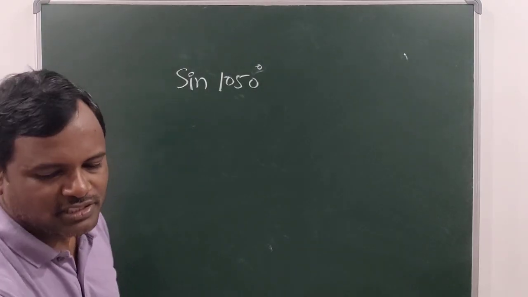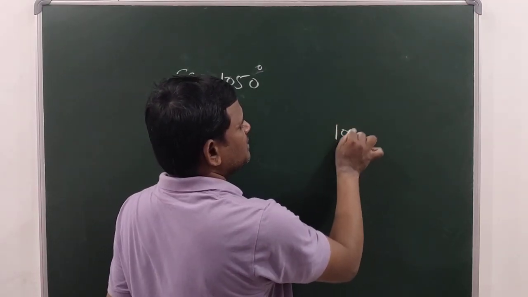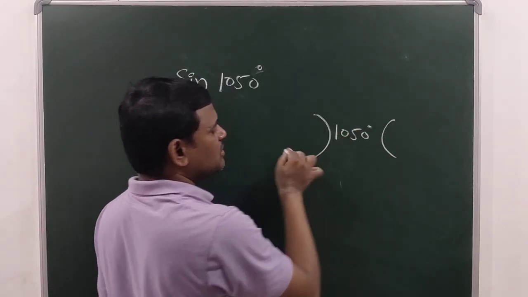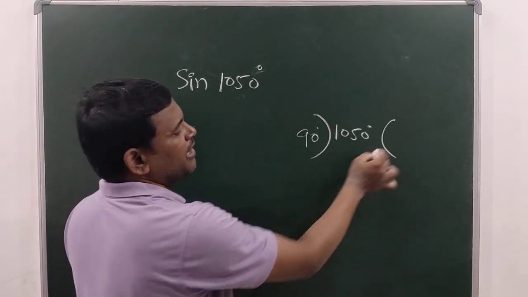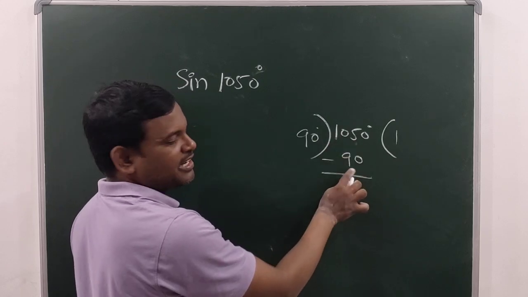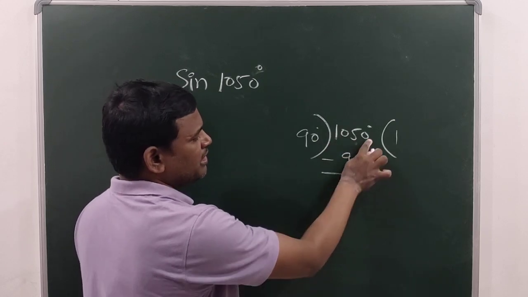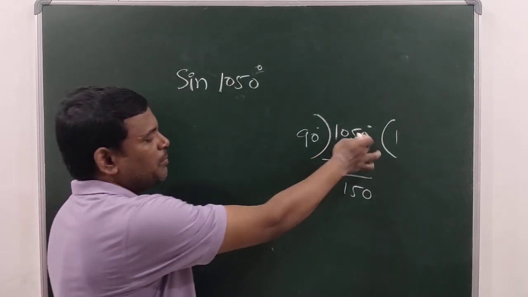Now let us see. 1050 degrees. First step, you have to divide by 90. 90 ones are 90. Now 105 minus 90 gives 15. Here copy 0.